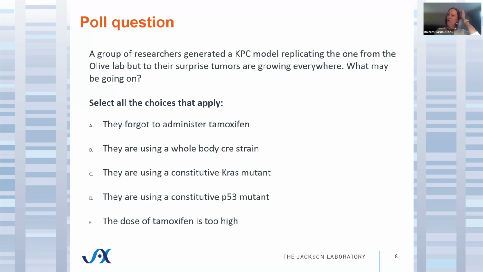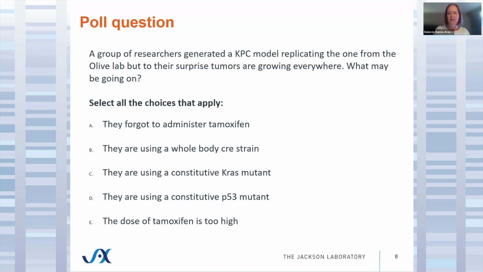So I'll give you a couple more seconds to think about which of these choices may explain that the KPC model that they put together after 2+ years of breeding and genotyping, why is it that tumors are showing everywhere in the body, not only in the pancreas?